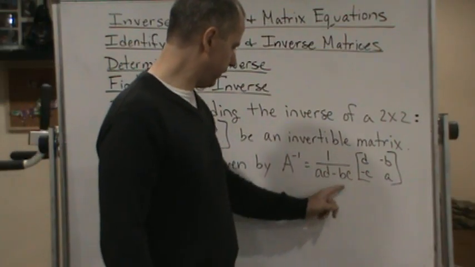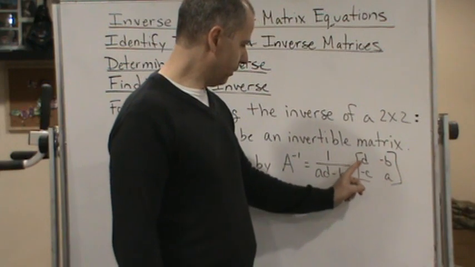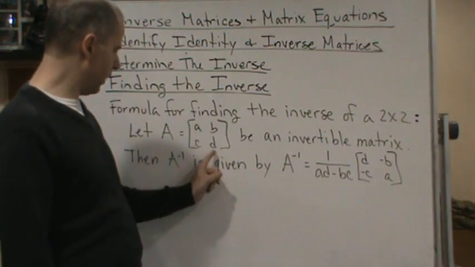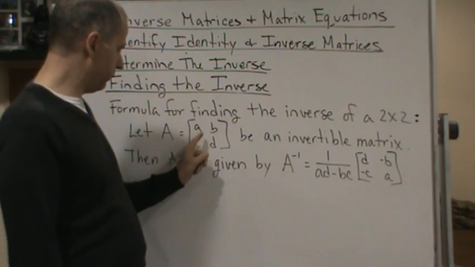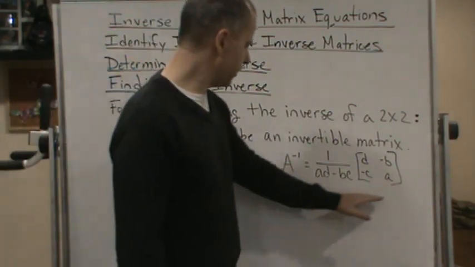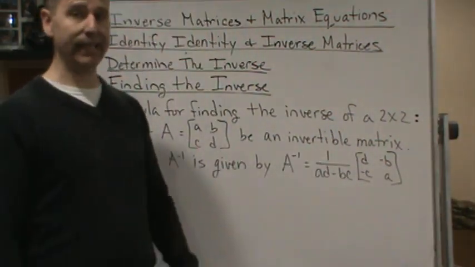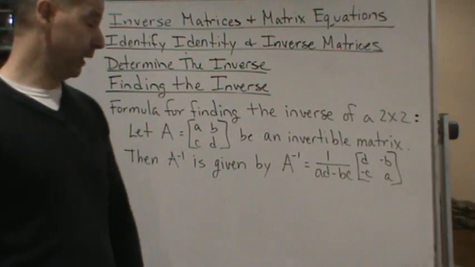So 1 over this times this matrix here, which all we did was we switched the diagonal elements and took the negative of the other diagonal elements, okay? And so this is the formula for finding the inverse for any invertible 2x2 matrix.